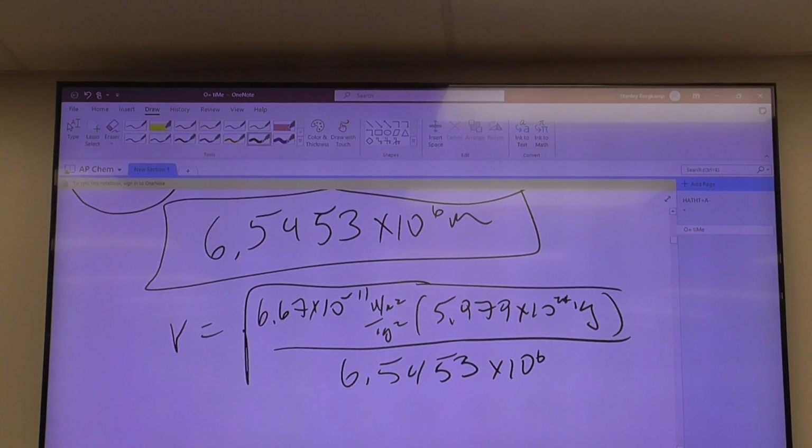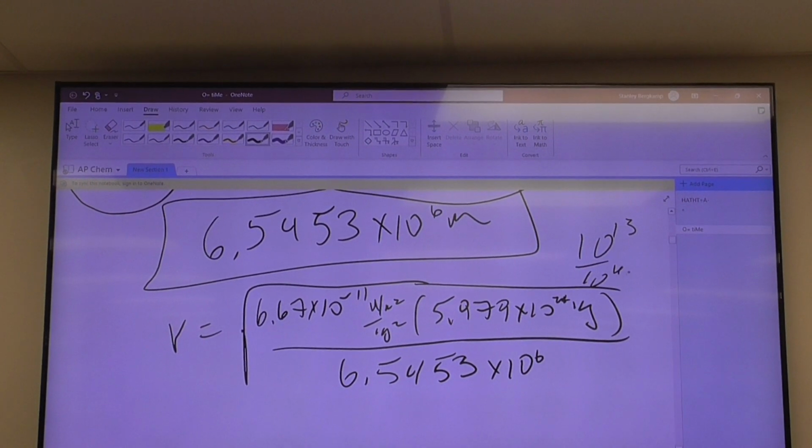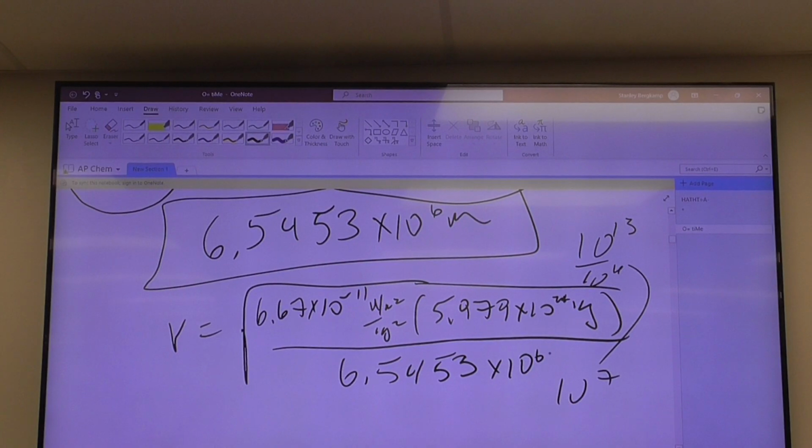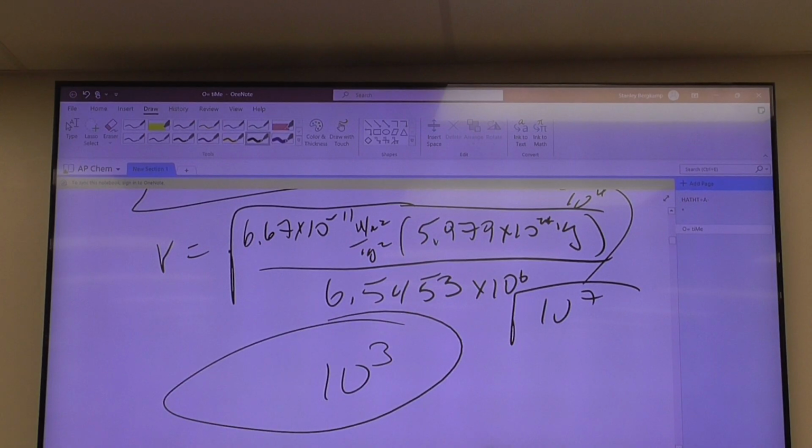So up on top, I have 10 to the 13th. I'm going to divide that by 10 to the 6th, I get about 10 to the 7th. But then I'm going to take the square root of that, which if you look at everything else, is going to get you something around 10 to the 3rd.